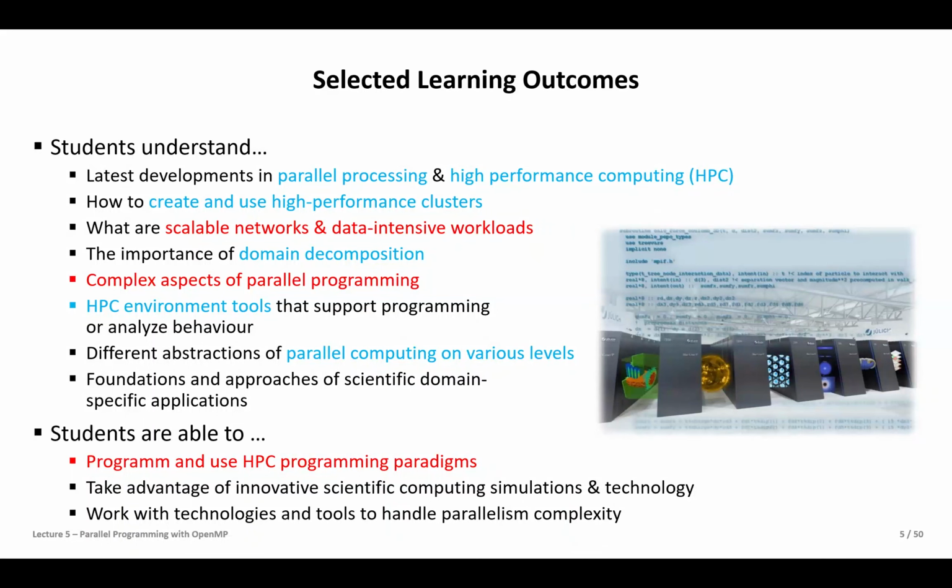Hence, this is also another learning outcome: to think more about the data, intertwined at the end with a new paradigm of accelerators, which we will also look at in detail in lecture 6. So that you're really ready after this course for so-called hybrid parallel programming. You would combine different types of parallel programming, MPI, for instance, combined with OpenMP.